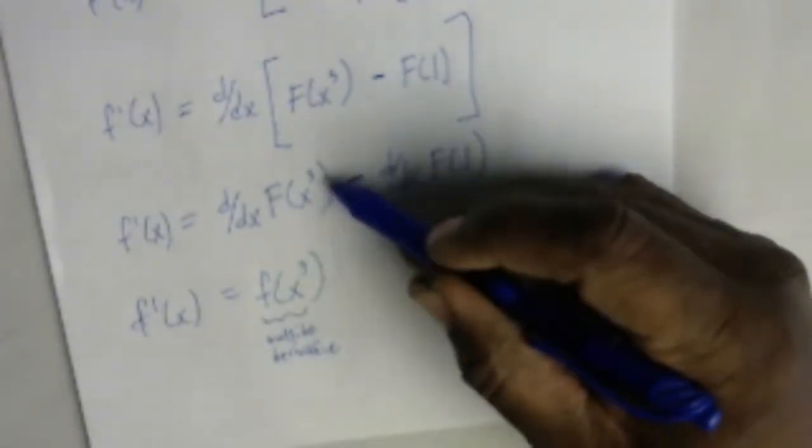Okay, this is the outside derivative times the inside derivative. Right, so the derivative for x cubed is 3x squared. This is the inside derivative. And then once again, the derivative of any constant is 0.